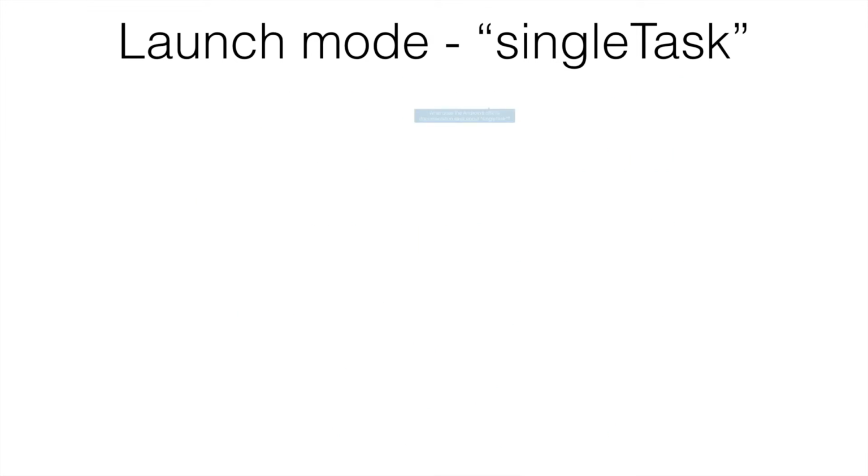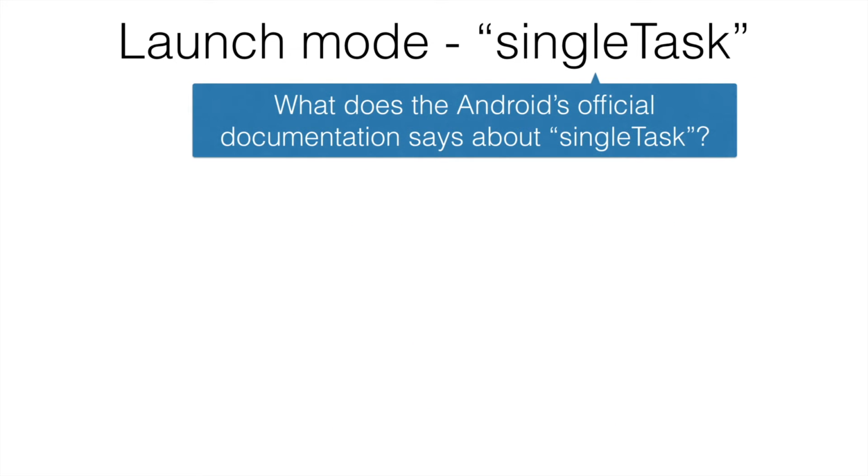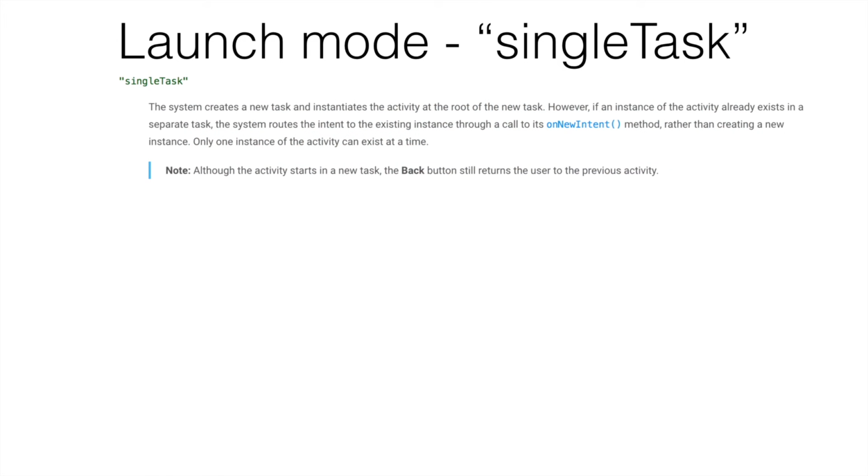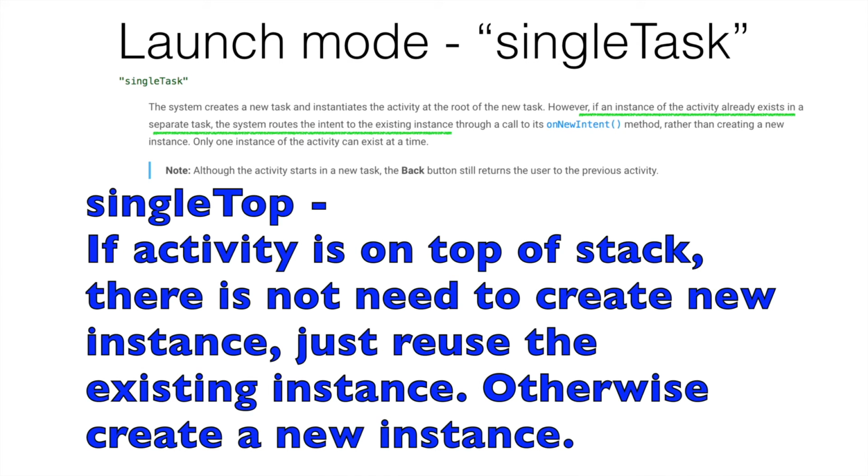Looks like that, but what does Android's official documentation say about single task? If you open the official documentation, it says a few things which are very familiar to you: if an instance of an activity already exists in a separate task, the system just reuses the existing instance, and only one instance of the activity can exist at a particular time.